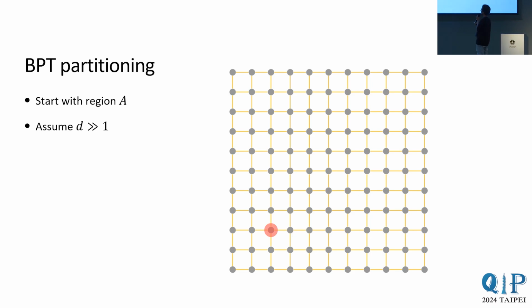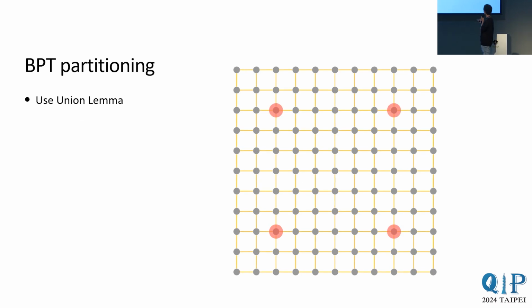Great, so imagine that you have a code whose distance is pretty large, it's bigger than 1. Then you can take any arbitrary qubit in the graph, and that qubit will be correctable. Now, I can also look at a bunch of far apart qubits, and because they're far apart, each of them individually is correctable, and I can use the union lemma, and this whole region is now correctable.